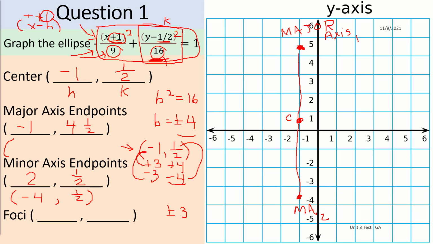Go ahead and plot those points. And I forgot to add that second coordinate underneath the major axis endpoints. We'll go back and do that in a minute. But we're essentially starting in the center, moving to the right 3 units and to the left 3 units. And then we'll label those.